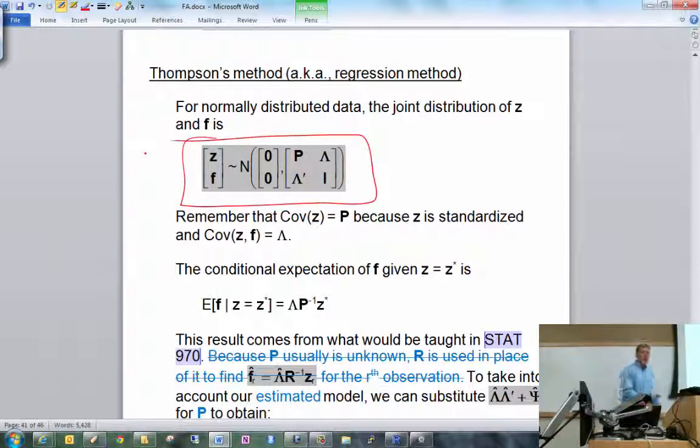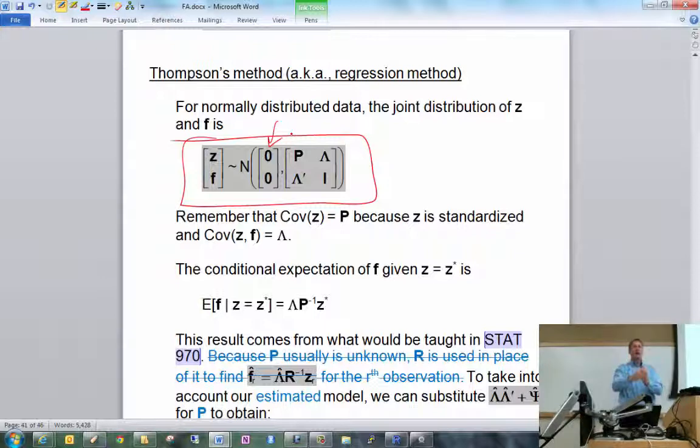And so what one can do then is consider a joint vector between Z and F. Consider them as both random variables. I just put all the Z's first and I put all the F's below it. And its corresponding distribution, if we had an underlying normal distribution, is multivariate normal as well. A mean vector of 0. So essentially I took the mean of the Z's, I put a 0 there. I took the mean of the F's, I put a 0 there.